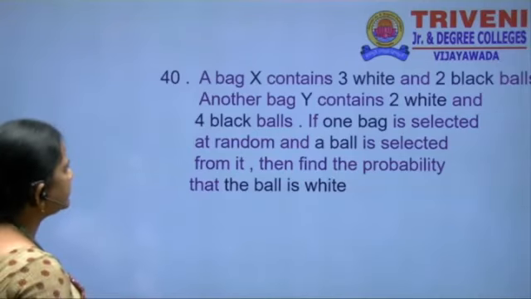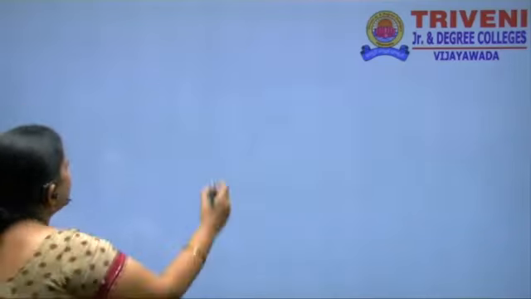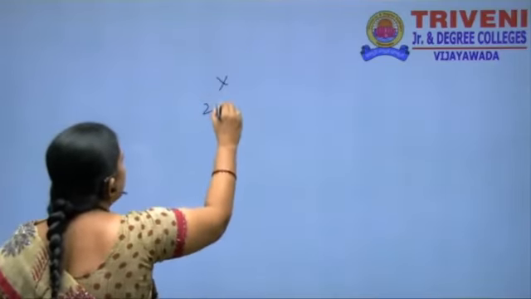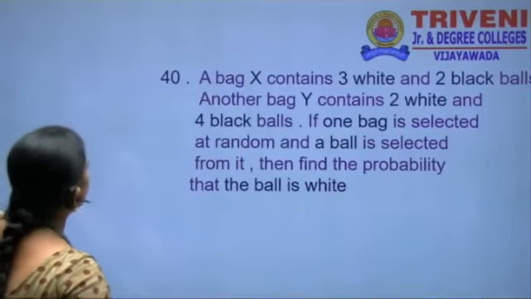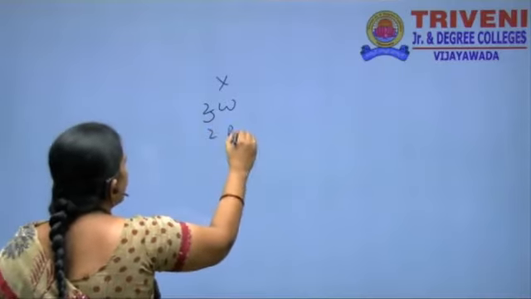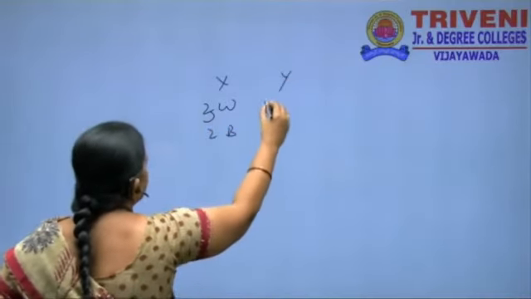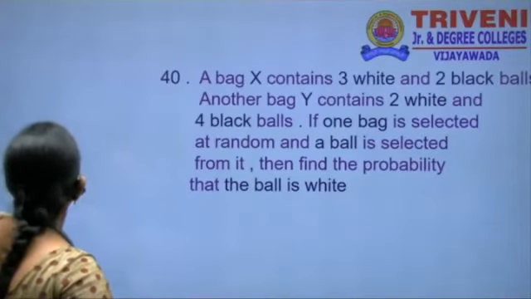Here X has 3 white and 2 black balls. And Y has 2 white and 4 black balls.